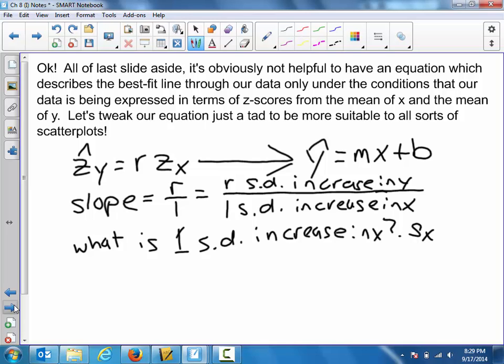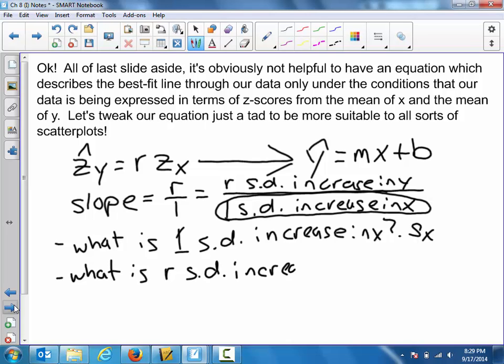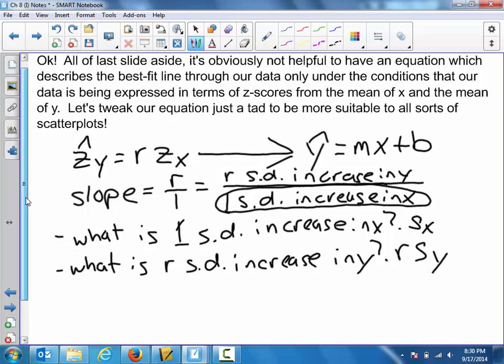Whatever the standard deviation is that you could get from your calculator using 1-var stats, the standard deviation for your explanatory variable, that is a single standard deviation increase in x. Okay? So secondly, what is our standard deviation increase in y? Well, that would just be r times s of y. R times what the standard deviation is for y.